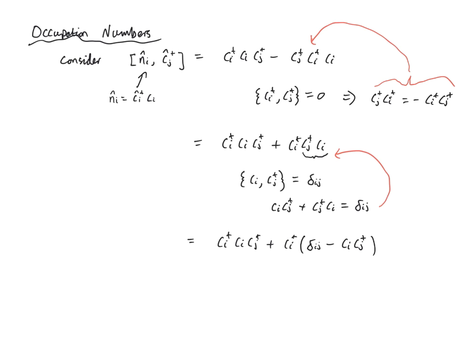And so when we tidy this up, overall, we find that this is equal to Ci dagger delta ij. The other terms cancel. And in particular, if i is not equal to j, then we've discovered that the commutator of ni and Cj dagger is equal to 0. So they commute.